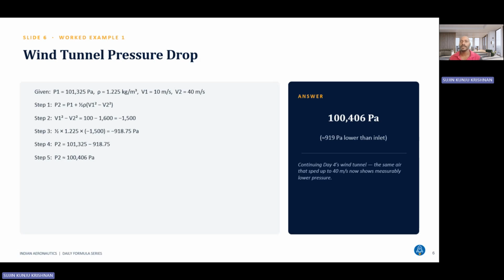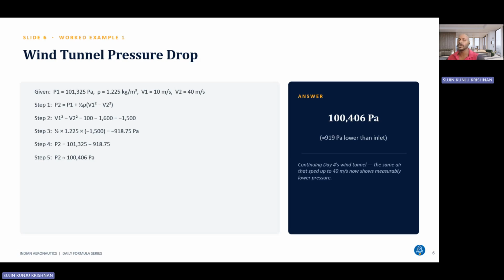Step 4, multiply by 1/2 rho: 1/2 times 1.225 times negative 1500 equals approximately negative 918.75 pascals.